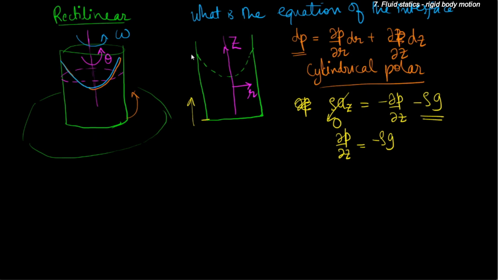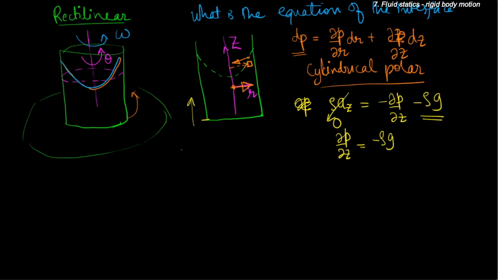Similarly, because of the rotation of the beaker, a fluid element at a given distance r will experience a centripetal acceleration as seen from the lab coordinate system, and the magnitude of that acceleration will be omega square r, and the direction will be opposite to the radial direction. The radial direction is always pointing away from the beaker, so instead it will be pointing inwards.